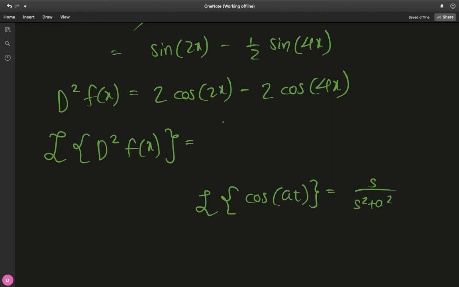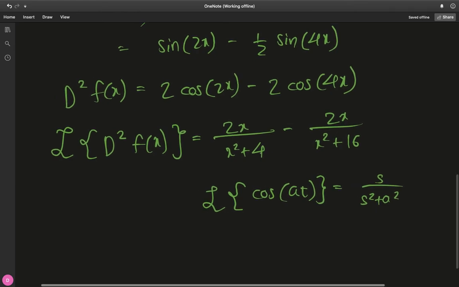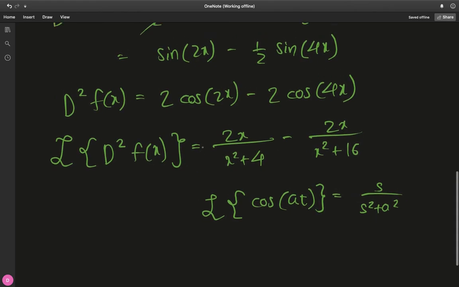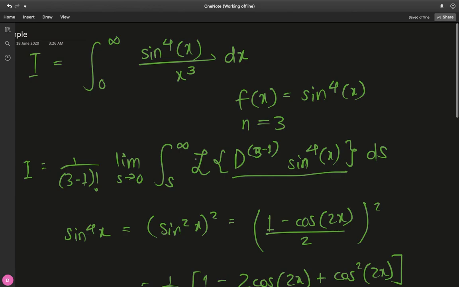So we have 2s divided by s squared plus 2 squared, which is 4, minus 2s divided by s squared plus 4 squared, which is 16. That's the Laplace transform, and then we have to integrate that still.